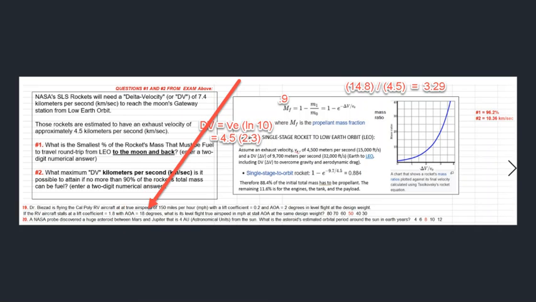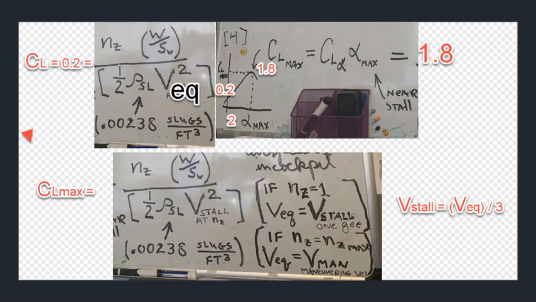So that will take us back to our basic equation for C sub L, which is C sub L equals the wing loading over the dynamic pressure. And dynamic pressure is 1/2 density times the equivalent velocity squared.